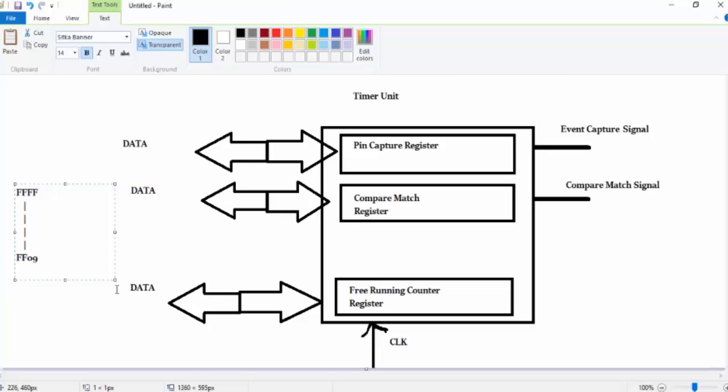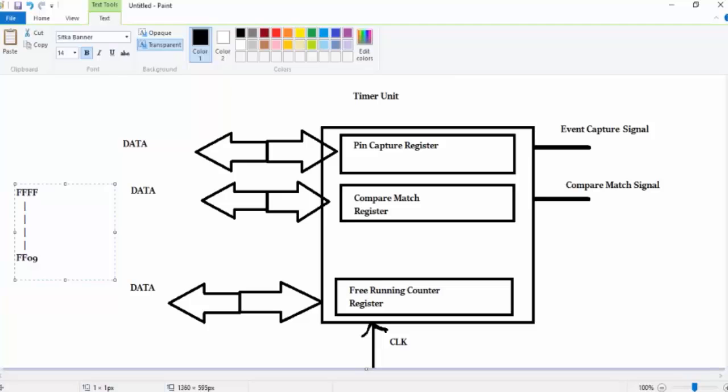So this is about the free running counter. Let's assume you go from FF09 and it counts all the way to FFFF. When it hits FFFF, does it come back to FF09 or does it come back to 0000 and then recount all the way up to FFFF? It depends on the microcontroller actually.